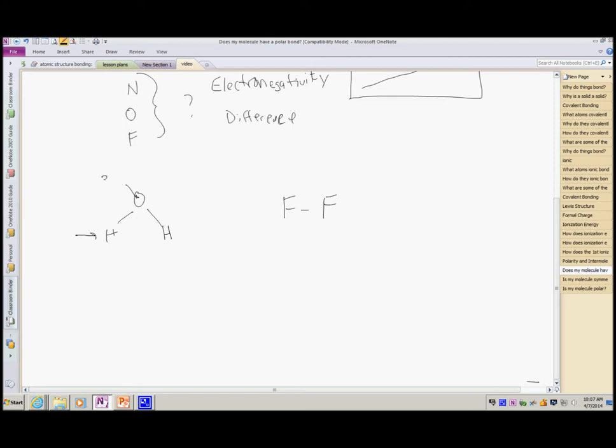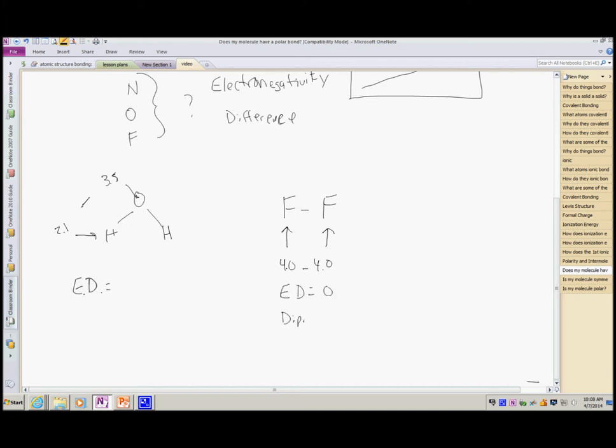This is 3.5, this is 2.1, and you literally could subtract these values to get what we call electronegativity difference, or ED. Versus this one, where this atom is 4.0 and this atom is 4.0. Subtract those two values and your electronegativity difference equals 0.